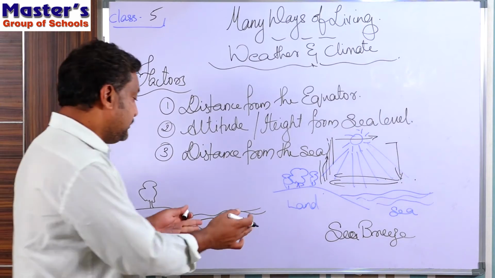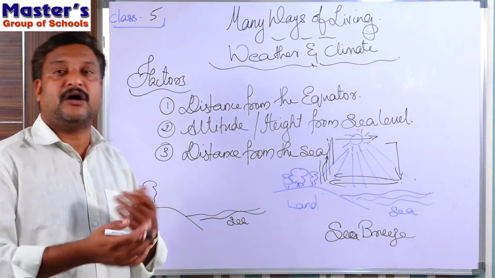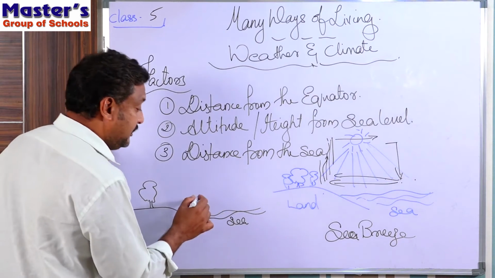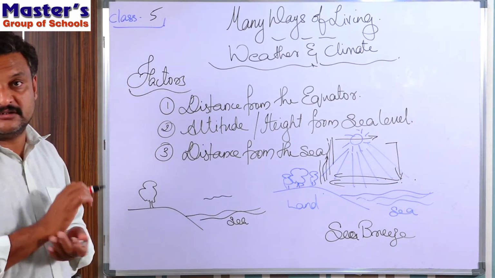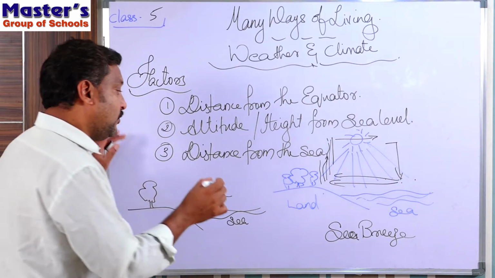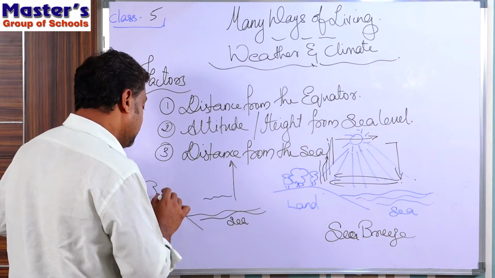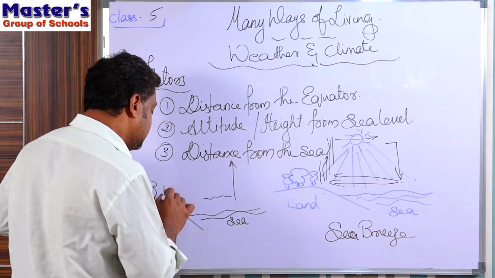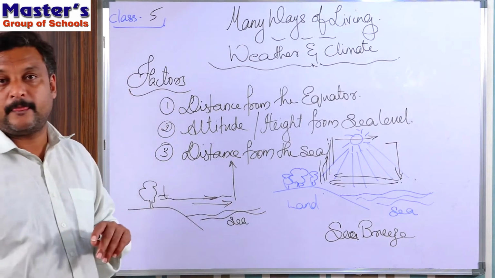So the water is still hot. It's still warmer, and the air above this sea also is warmer. If it is warmer, then what happens? Yes, it goes up. And the cool air that is above the land flows in towards the sea.